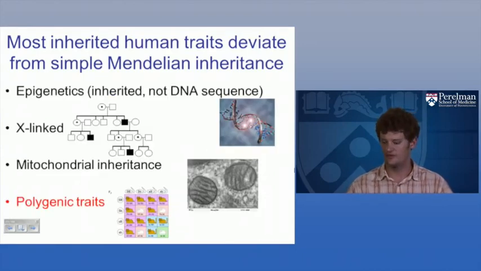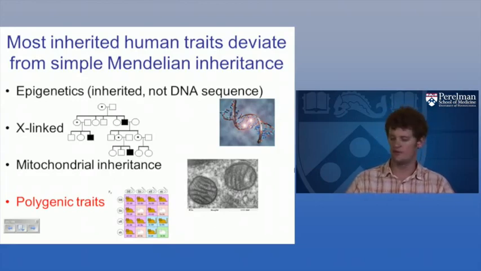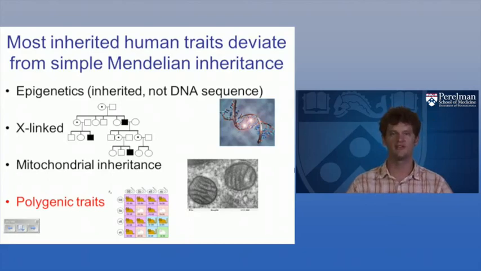There are lots of different ways that traits can deviate from Mendelian inheritance. One is that they may not even be fully genetic, so there can be stochastic or environmental aspects of a trait that interact with the genetic component. We're not going to talk a lot about epigenetics, which in some cases is caused by an environmental stimulus, but basically is non-DNA-sequence-based inherited change, and there are examples of that.